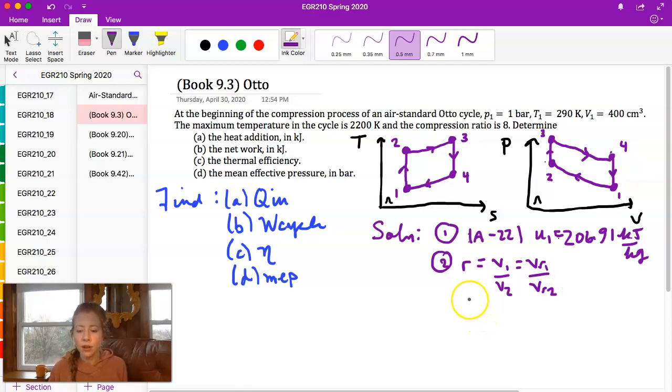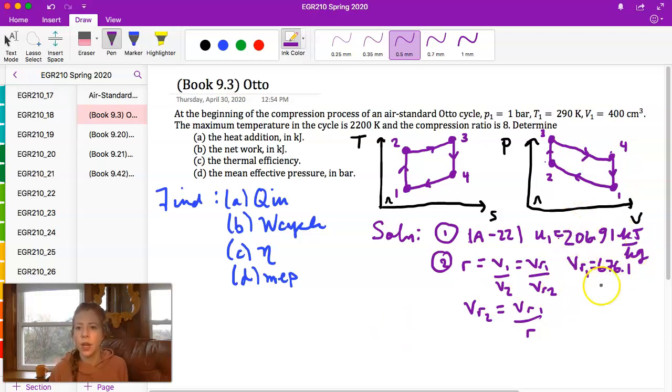And so we can solve for VR2, and that's going to be VR1 over R. And so here we can look up VR1 in the table, and we get that that is 676.1.